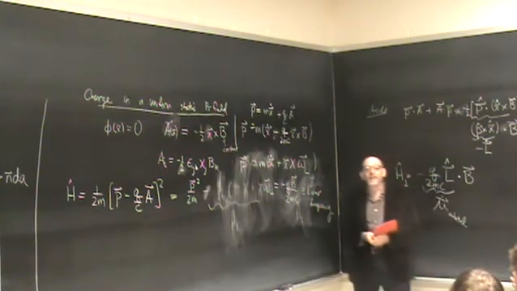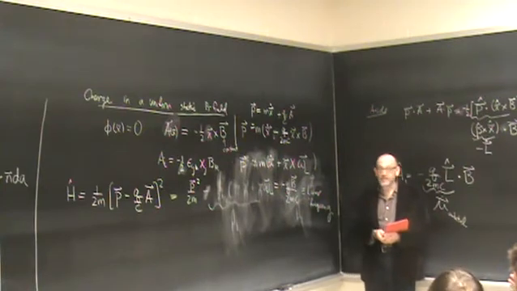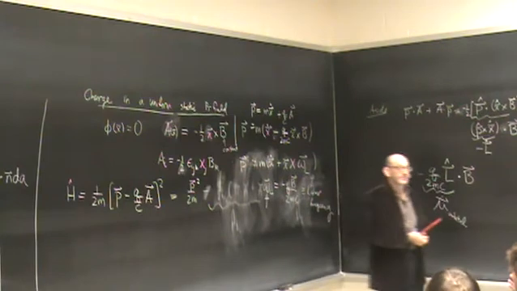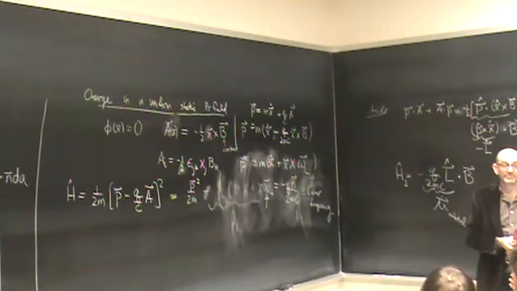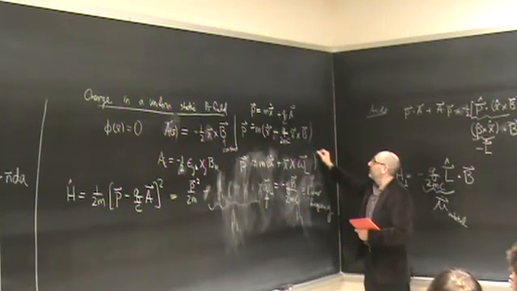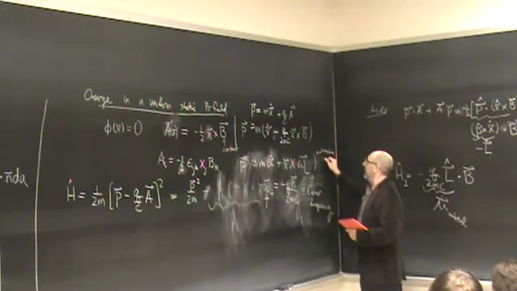Well, what if I were to say I went into a rotating frame that's rotating at frequency omega? What is the momentum in that frame? That's this. So this is the momentum in a rotating frame.